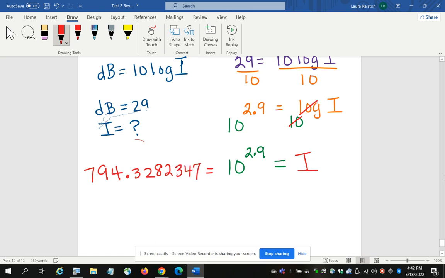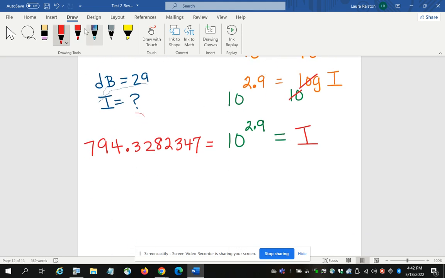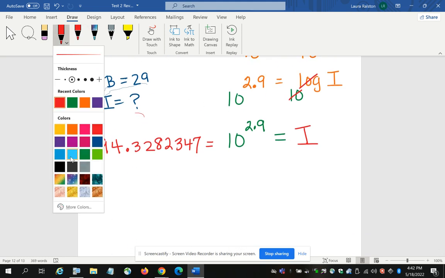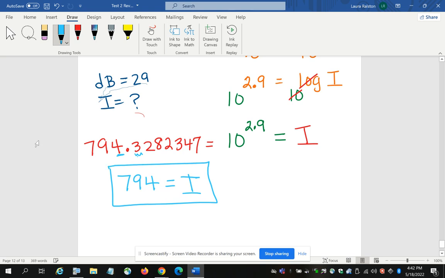It said to round, let me see, what did it say? Round to the nearest whole number. So whole number means no decimal. So I have a 4. Next door is a 3. It's going to leave it alone. So we have 794 would be the I. And there is the video answer key for the review for test 2.